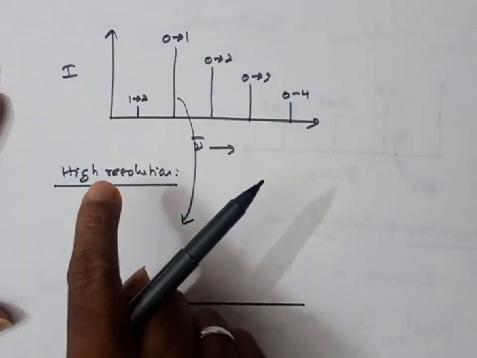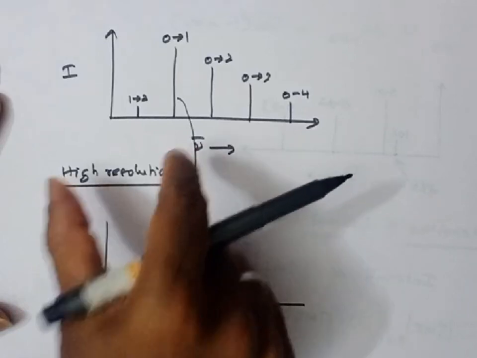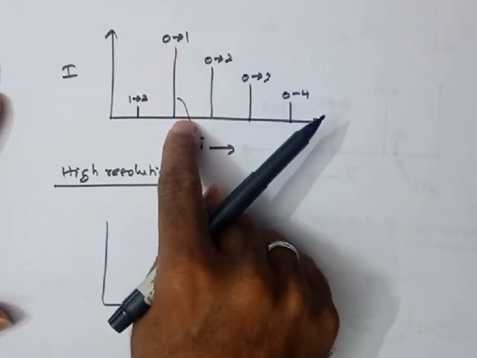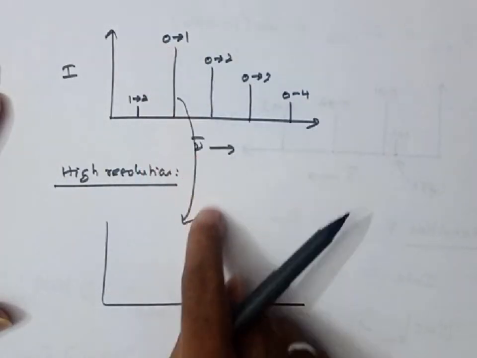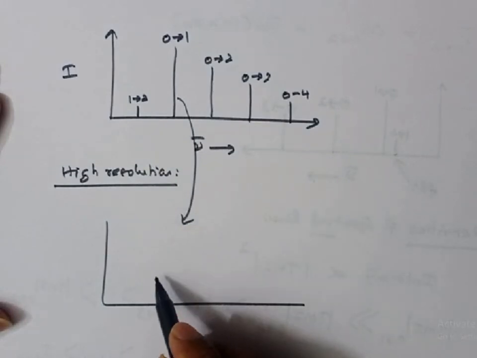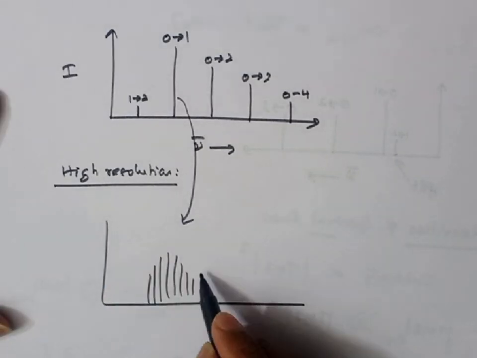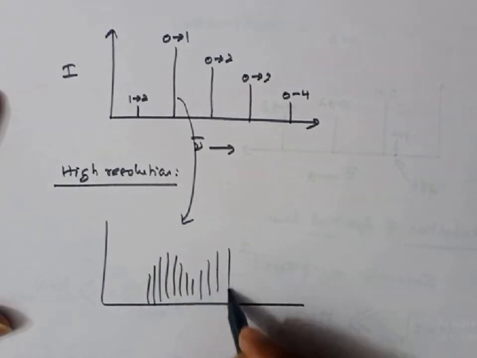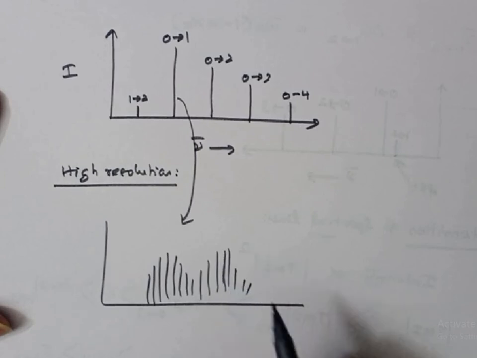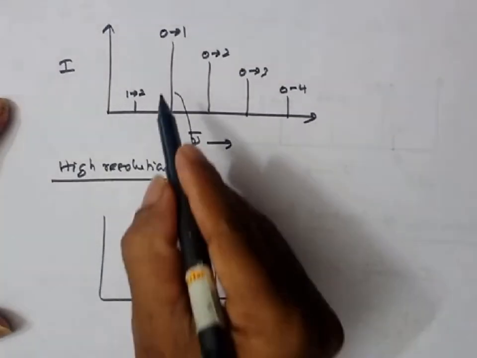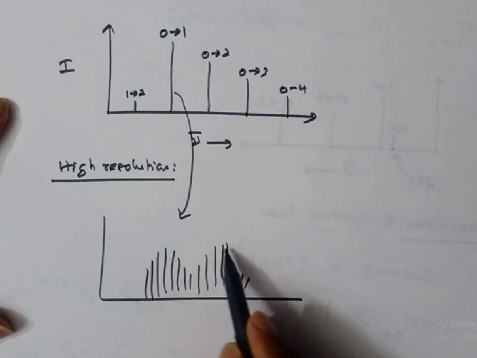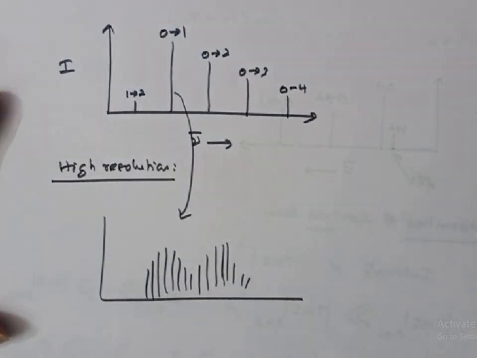But if you take the spectrum of a diatomic molecule under high resolution, the fundamental line appears with many lines like this. Each line will appear with many lines in the spectrum.